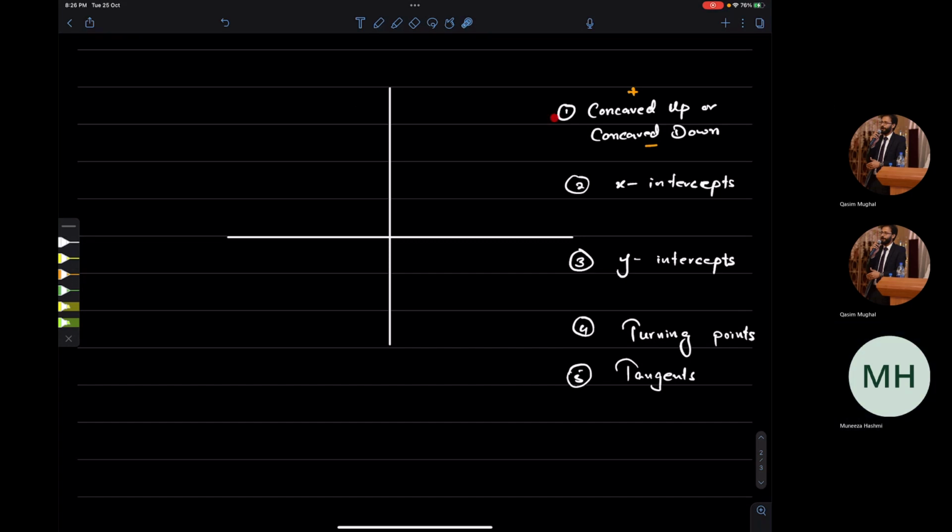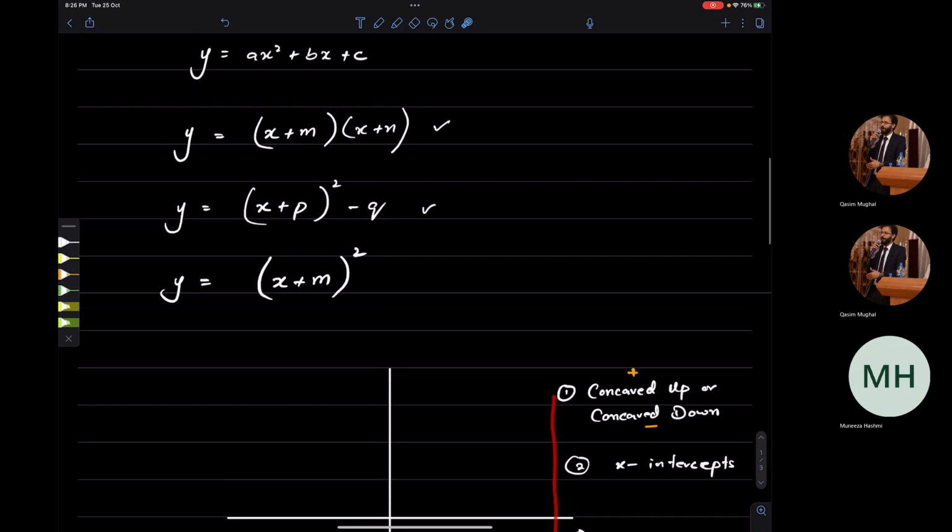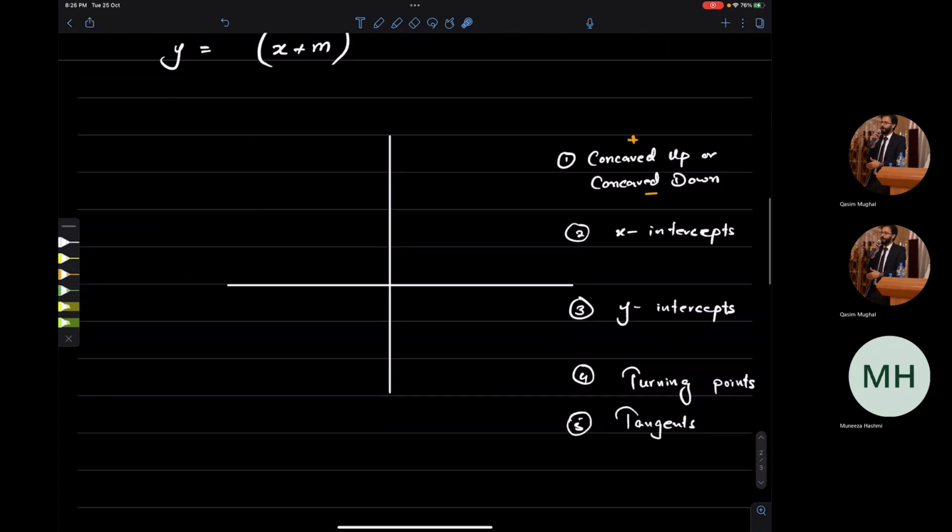So we'll be extracting all this information, not all of them every time, because every equation has its own shape. So sometimes you may not have x-intercepts. Sorry, you will always have the y-intercept, but sometimes you may not have x-intercepts, and sometimes you may not have tangents.